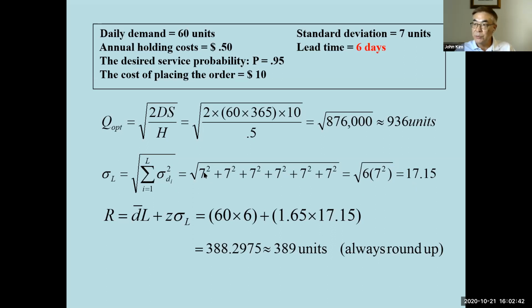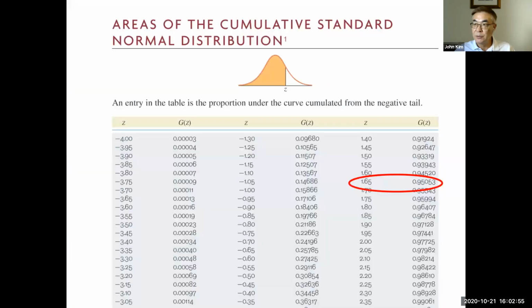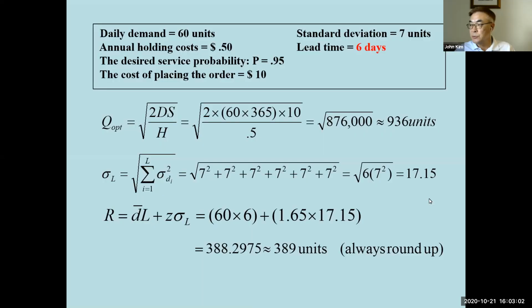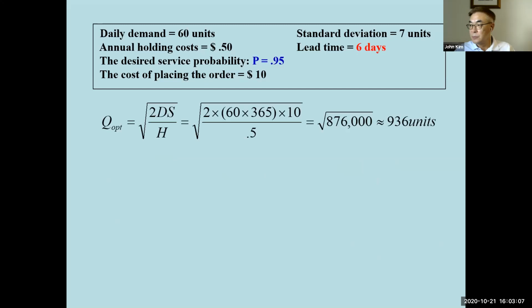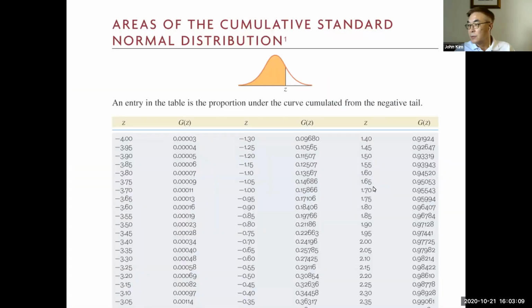And Z score is about service probability at 95%, 0.95, from the table, the normal distribution chart. If you cannot find the exact one, then choose the closest one, this one, then 1.65.